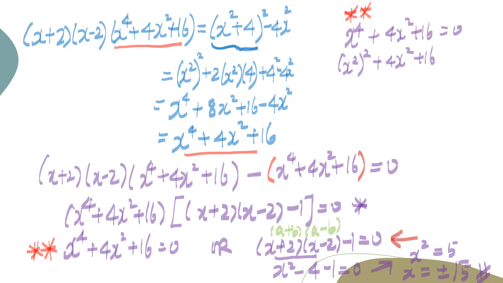And here I'm going to use substitution. Right, remember we said that substitution is a very useful method. I'm going to let x squared equals to a. So you would get a squared plus 4a plus 16 equals to 0. Okay, so we're going to find the values for your discriminant b squared minus 4ac.